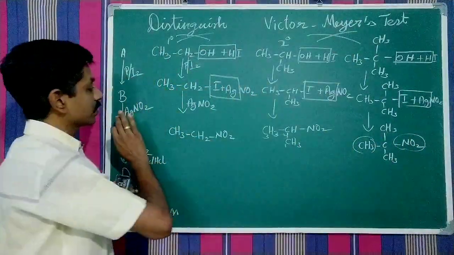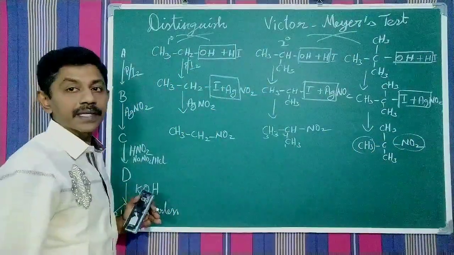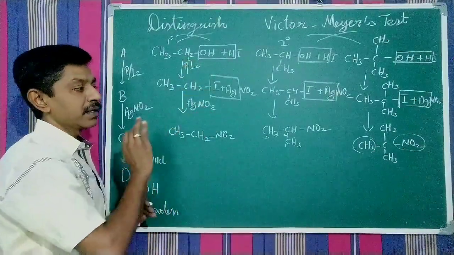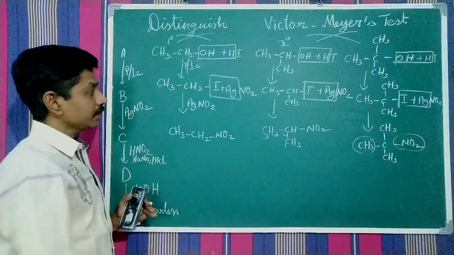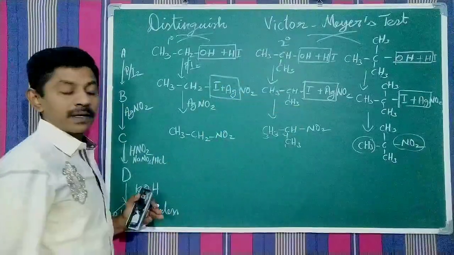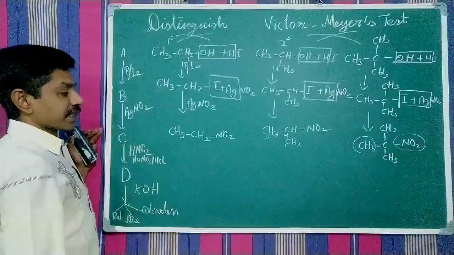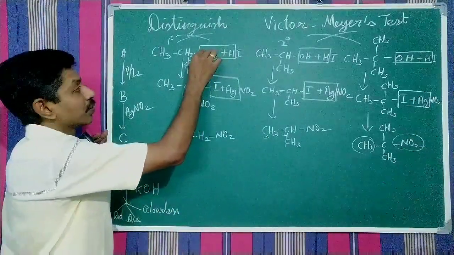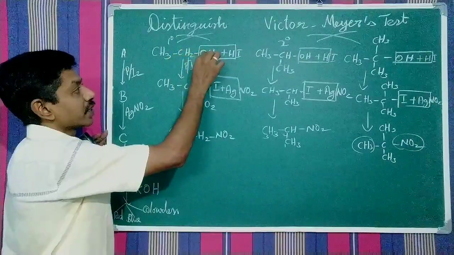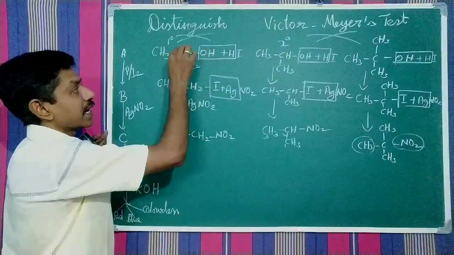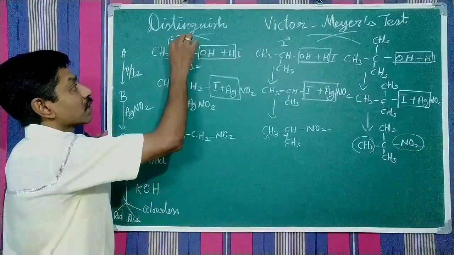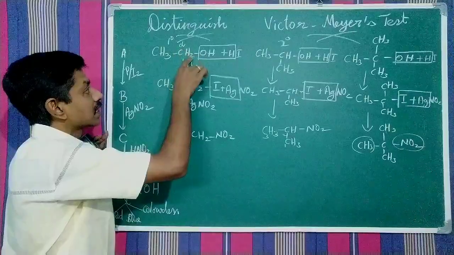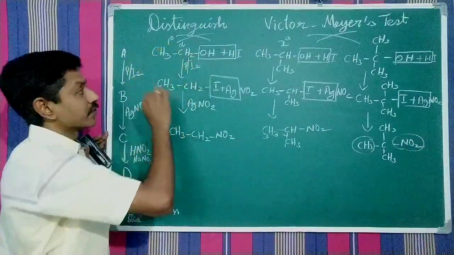Similarly, up to this, all these primary, secondary, tertiary alcohols' reactivity with the reagents was quite good and the same. Similar way of substitution. But now comes the difference. What is the difference? In a primary alcohol, you closely see the CH2OH. There the OH attached carbon is called the alpha carbon. That alpha carbon has how many hydrogens? 2 hydrogens.